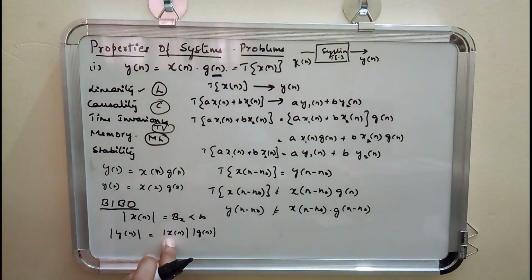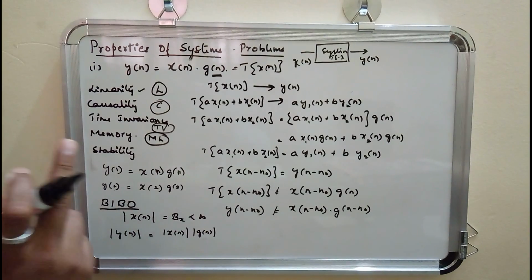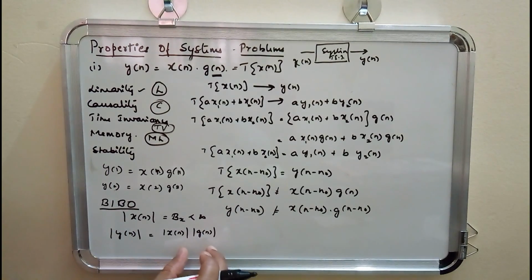Now x of n modulus means what? The value of x of n is bounded, that is, it is less than infinity, but we do not have control over g of n. So for y of n to be bounded and for the system to become stable, the necessary and sufficient condition is that the magnitude of g of n must be less than infinity.